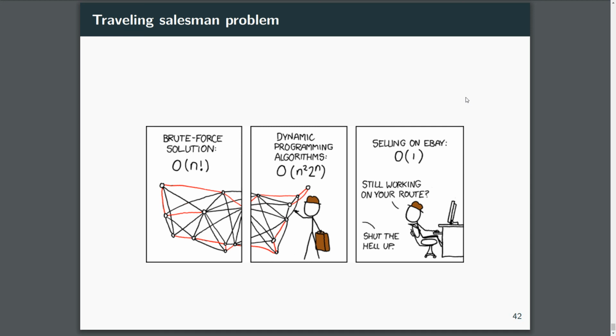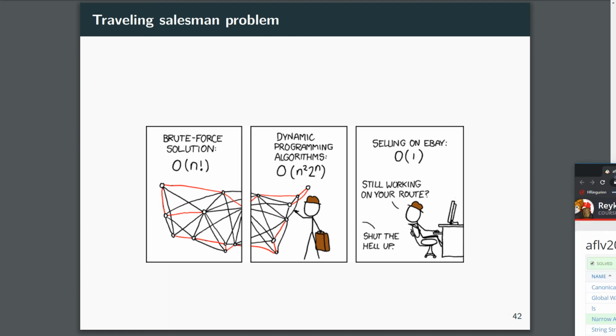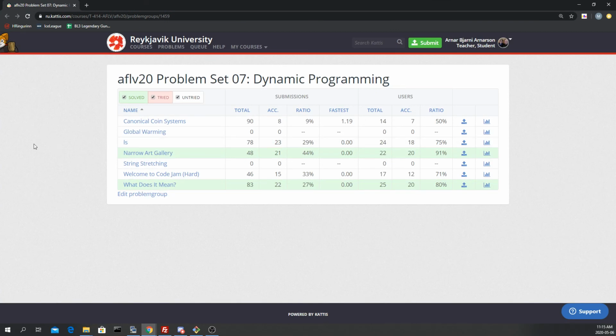For the problem set today, there are 5 problems, 2 bonus problems. Canonical coin systems, this is regarding the coin change problem.